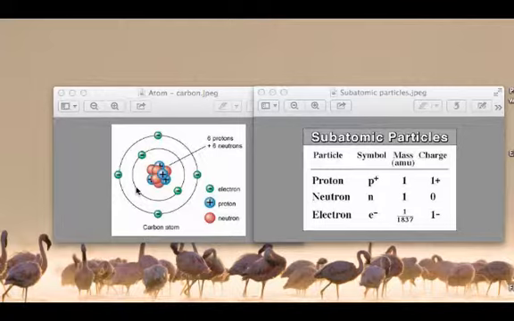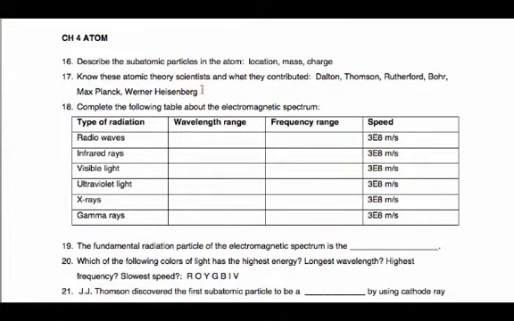flies rapidly around it. Number 17, know these scientists and what they contributed. Alright, so you should know that Dalton is, in the 1800s, the English school teacher who brought us back to the basic idea of the atom being the fundamental building block of matter, and that these atoms are retained in their identity, and they can combine in different combinations with other atoms, and they all have a characteristic mass.